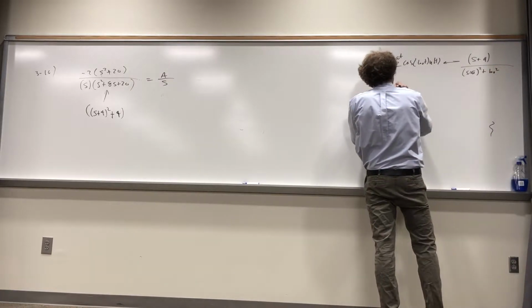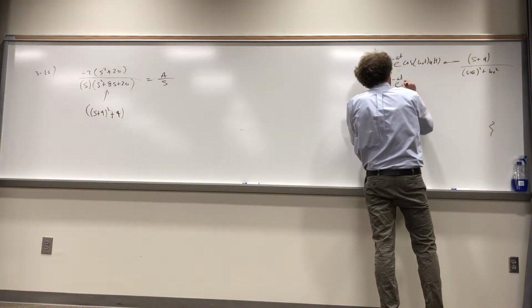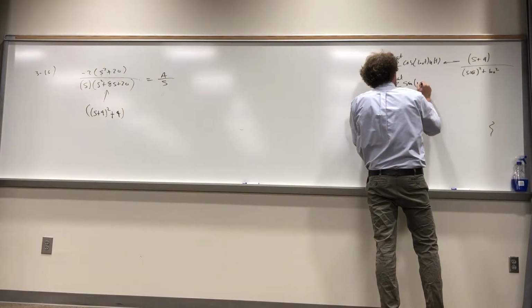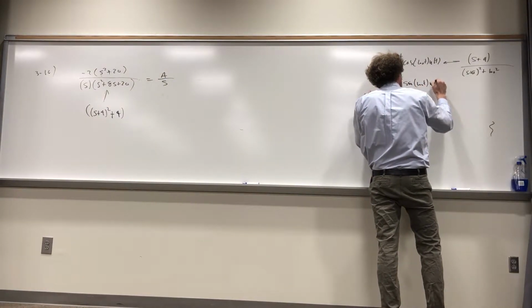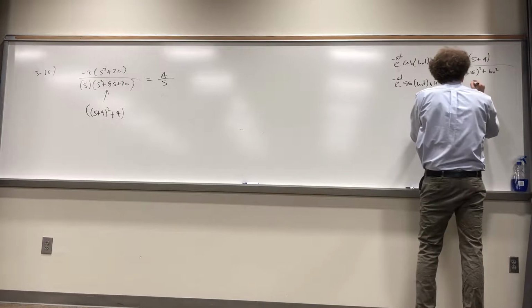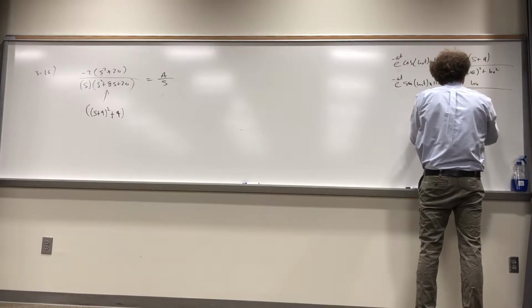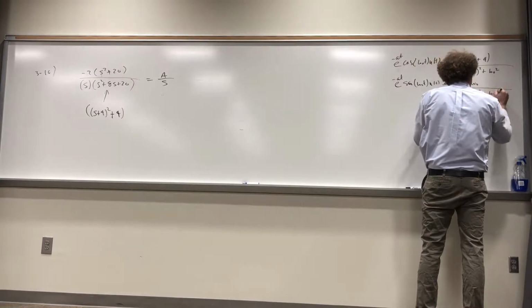And I know e to the minus at sine omega naught t u of t goes to omega naught over s plus a squared plus omega naught squared.